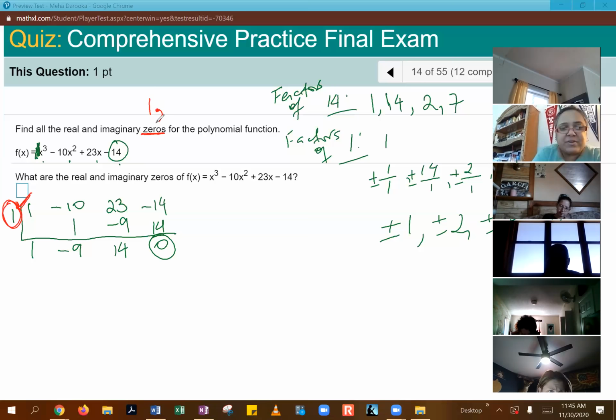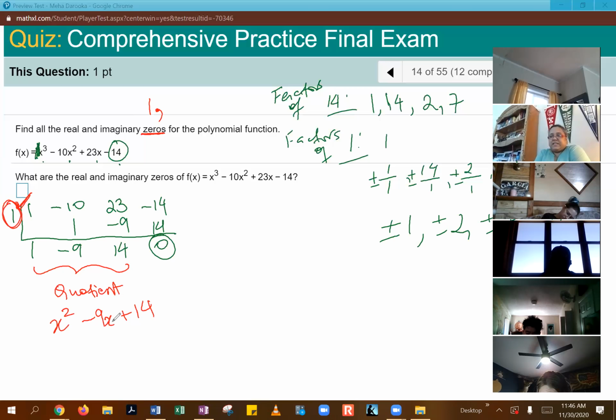Now let's find the others. Remember, once you find that 0 remainder, just take your quotient and factor it out. Since this is a third degree polynomial, your quotient is going to be a second degree. So x squared minus 9x plus 14, what will this factor into?